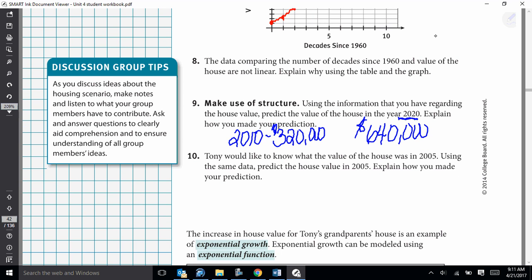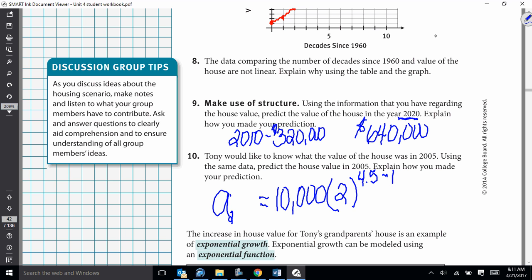4.5. So we have our starting value of $10,000. Our R value, it's doubling each decade, right? So our R value is 2. And we want to know what's the value in 4.5 decades. All right, so what is first in order of operations, exponents?